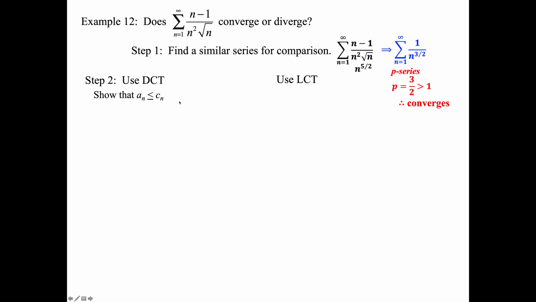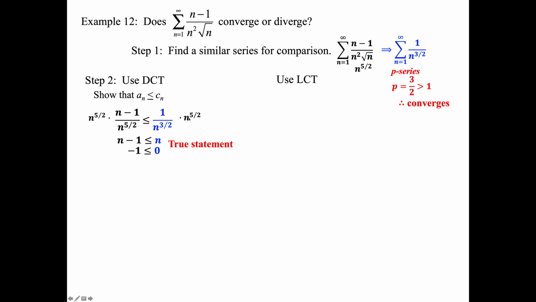So if you use your direct comparison test, n minus 1 over n to the 5/2, that's this original sequence function, just simplified that bottom denominator, less than or equal to 1 over n to the 3/2. We cross multiply. Multiplying both sides by n to the 5/2 power cancels this out.